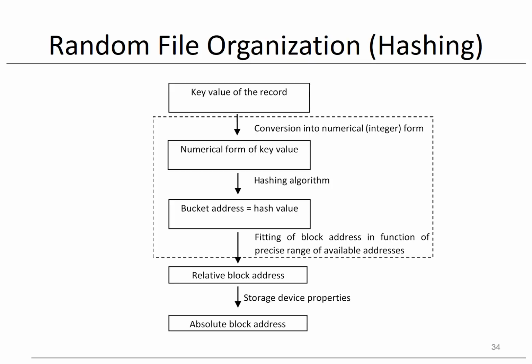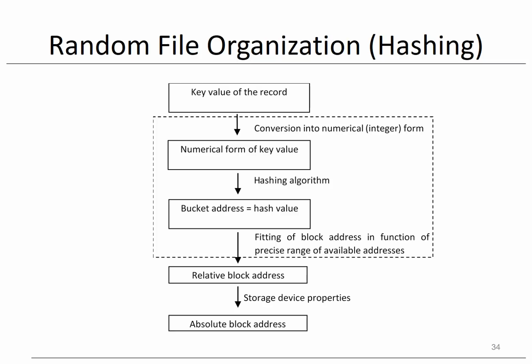The hashing algorithm can take on many forms, ranging from a simple hash function to more complex algorithms. However, it invariably consists of a consecution of mathematical operations applied to a numerical representation of the key and returning a hash value that corresponds to a bucket address.